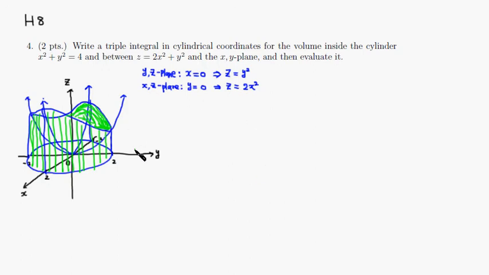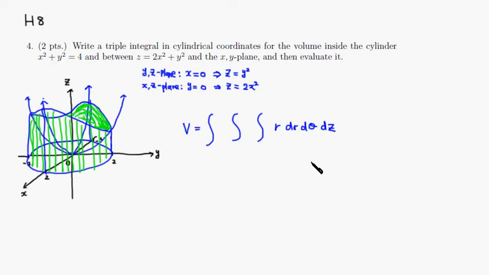What we want to do is write the triple integral using cylindrical coordinates. So the volume V is going to be equal to a triple integral. The volume element for cylindrical coordinates would be r dr d theta dz, but we can do it in any order.